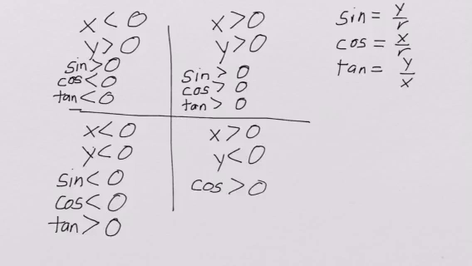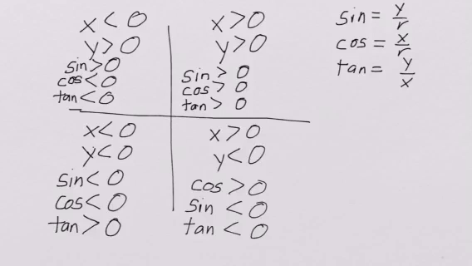Y is negative. So we go to the other spot where y is negative, and we see that there, the sine is negative. And tangent we haven't worked with in this case before, but here we're dividing a negative number by a positive number. So that gives us a negative number. So the tangent in the fourth quadrant is negative.